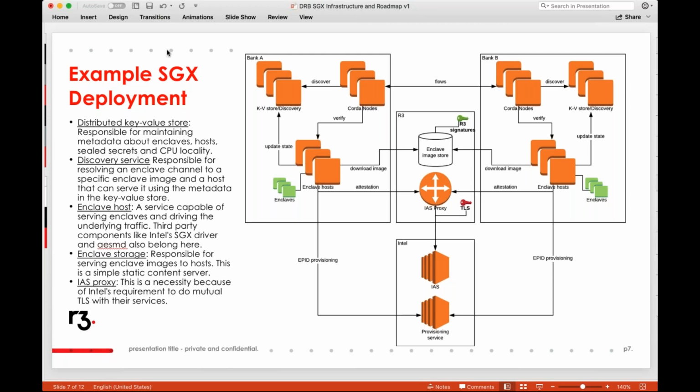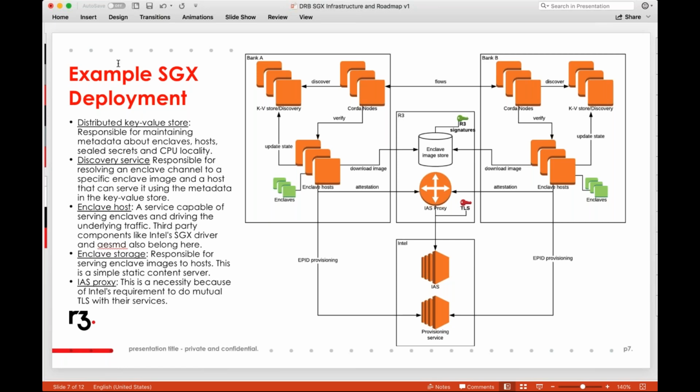The enclave hosts are actually completely separate from Corda. There's no Corda-specific code in them. So the AMQP protocol, for example, is only hosted by Corda nodes, and the enclave uses a different protocol to transfer the request to the enclave host. Am I correct?